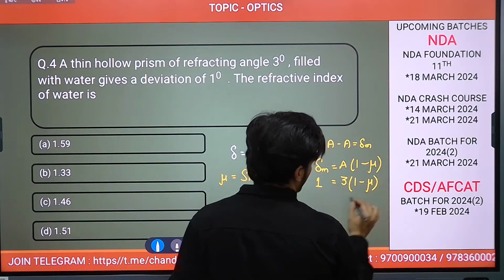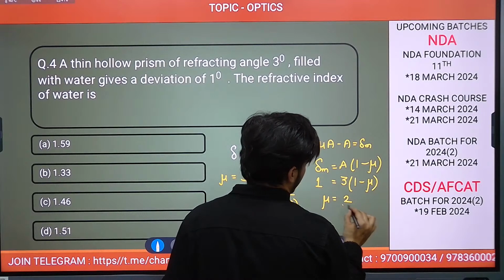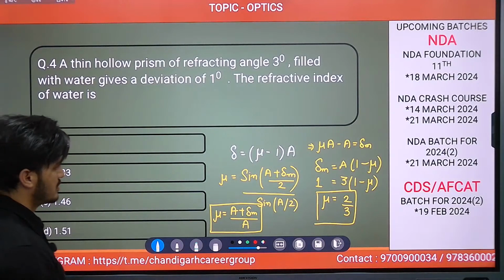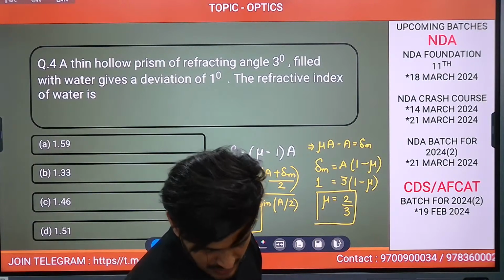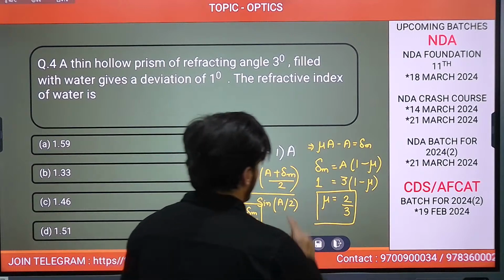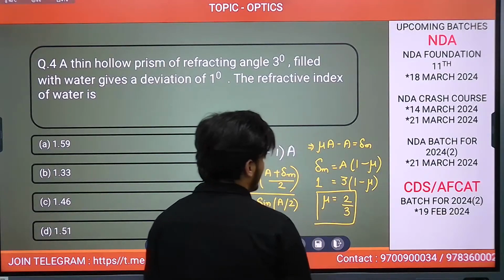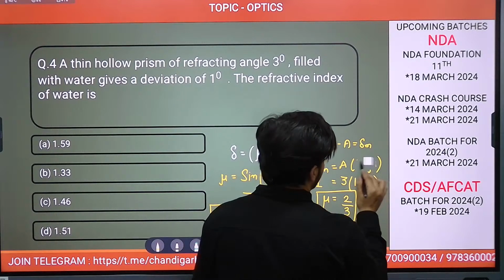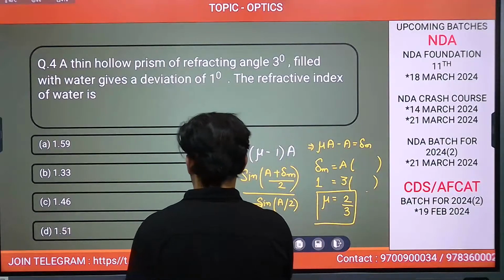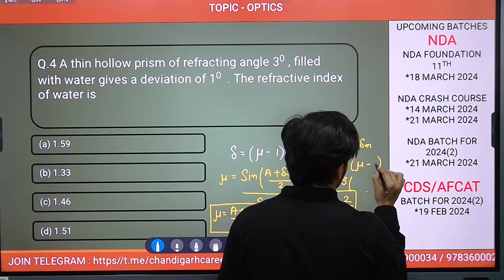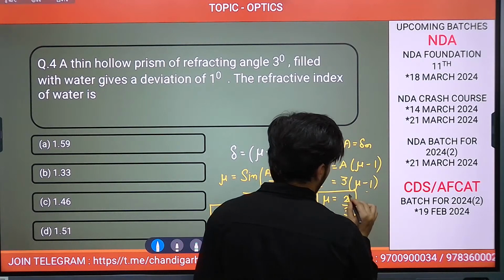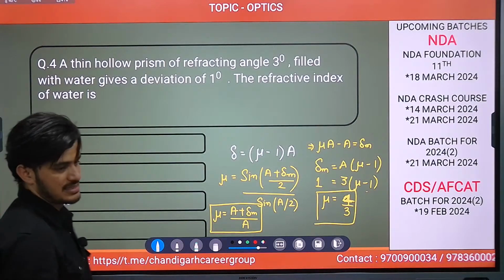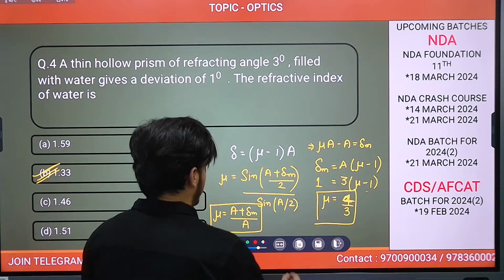Oh, I'm sorry, ओके थोड़ी सी गड़बड़ होगी. It's mu minus 1, not 1 minus mu. So mu is 4 by 3, 1.33. 1.33 is the refractive index.